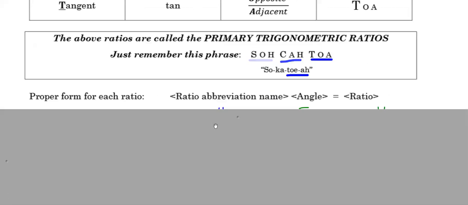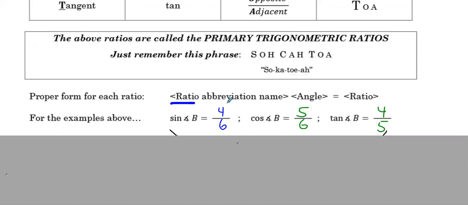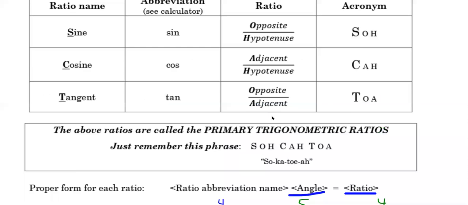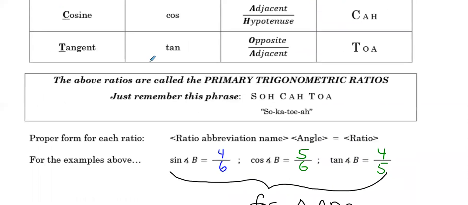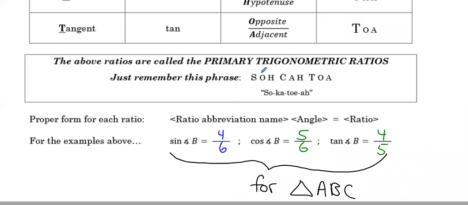So the way we set up formulas in this is what I've got here. You need the abbreviation name for the type of ratio you're looking at. You have to have that reference angle, and then you write down a ratio. For the examples you've seen earlier, in triangle ABC, using those numbers that are given to us, the sine of angle B is the length of the opposite side divided by the hypotenuse, there's your ratio.